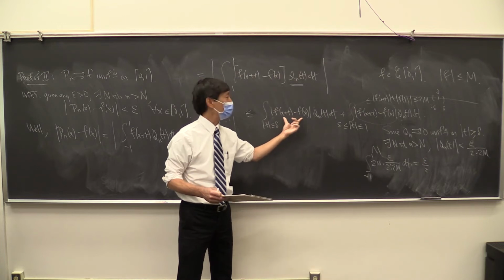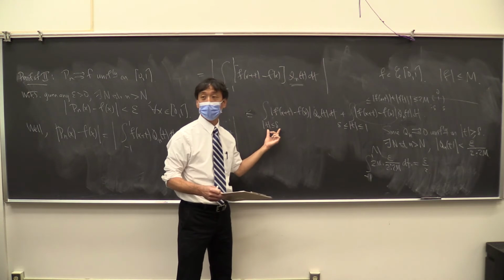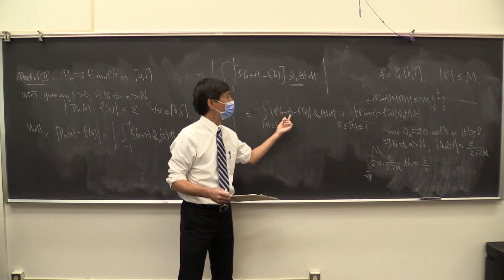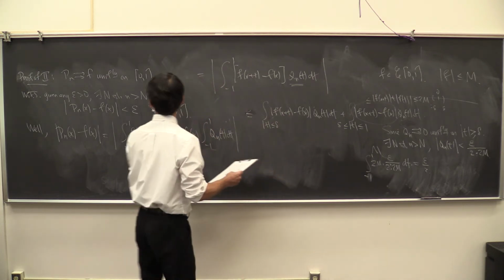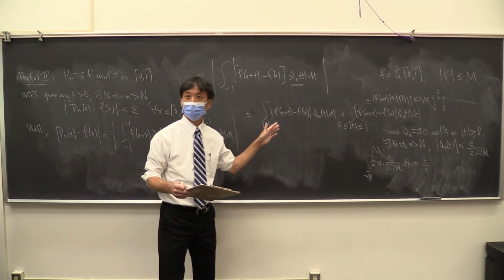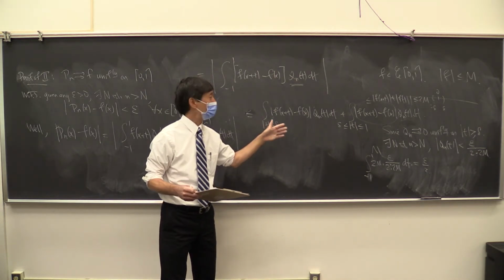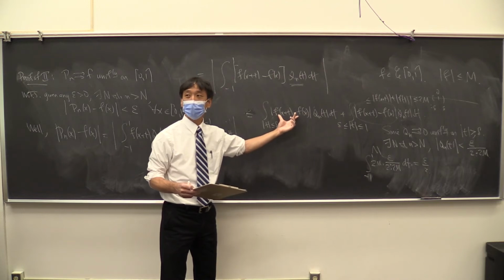F of x plus t minus f of x, where t is tiny, and x is any point in 0, 1. What do we need about f to get control of such a thing?